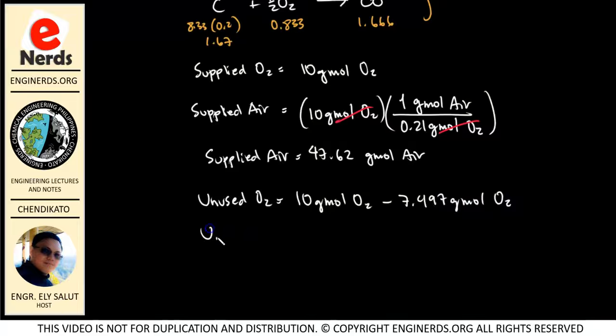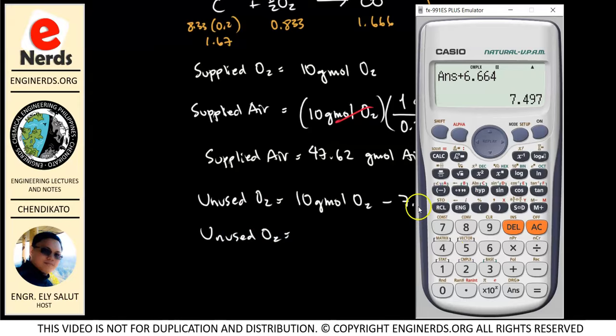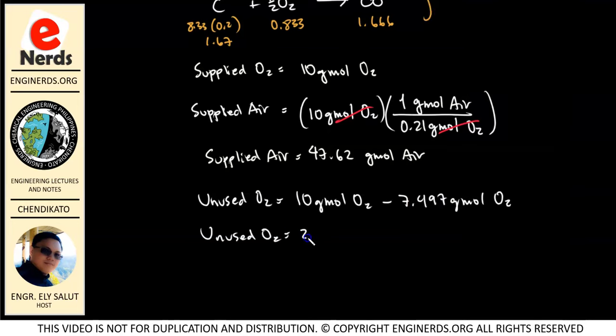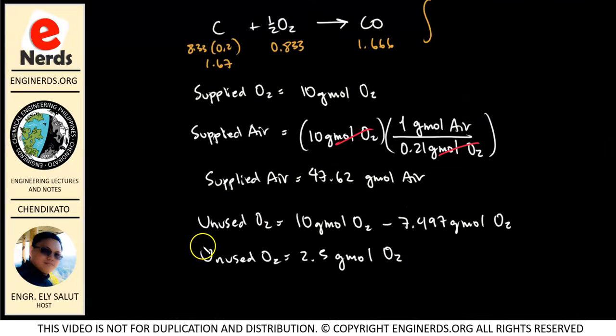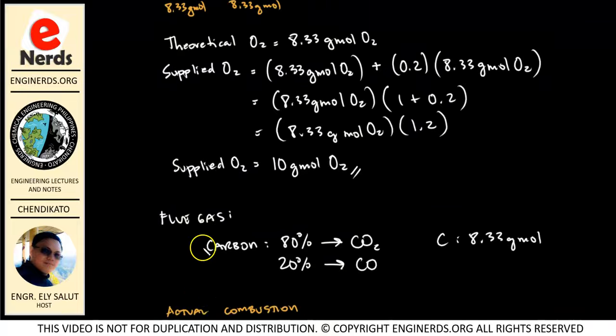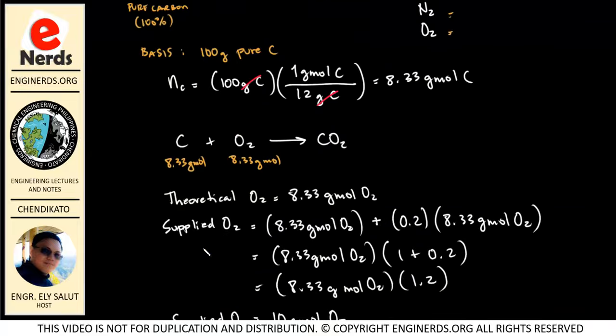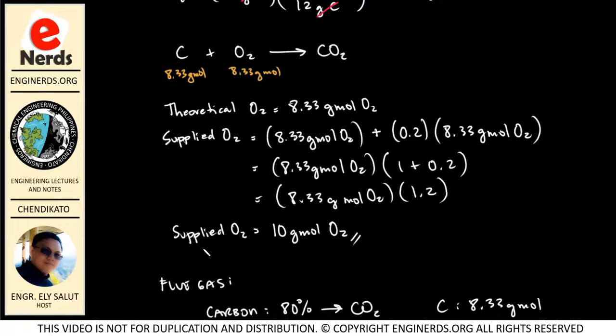So, our unused O2 is equal to 10 minus 7.497. So, 10 minus yung sagot natin kanina which is 2.5. Okay, so we have 2.5 gram mole ng O2. So, dahil unused siya, so lalabas siya sa ating furnace. So, we have 2.5 dito sa ating flue gas. Nasaan na yun?